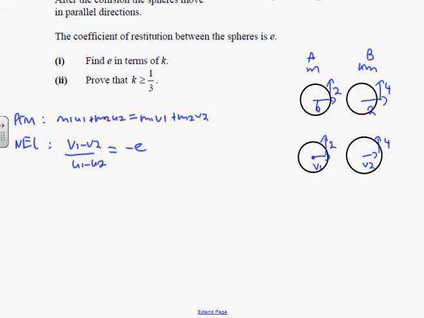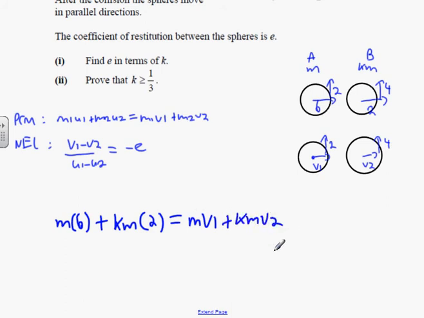So let's do this, right? M1 being mass M, U1 being 6, M2 being Km, U2 being 2, equals M V1 plus Km V2.